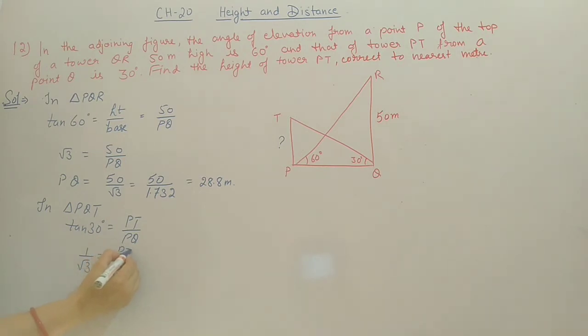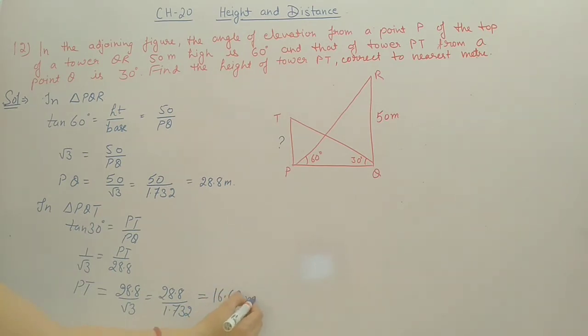PT we have to calculate and PQ just now we have calculated, 28.8 meter. So PT will be equal to 28.8 by root 3. Substitute the value of root 3 again, 1.732, and do the calculation.